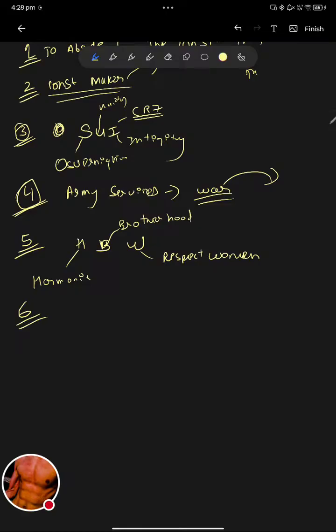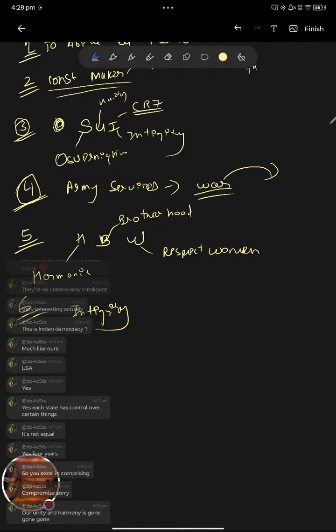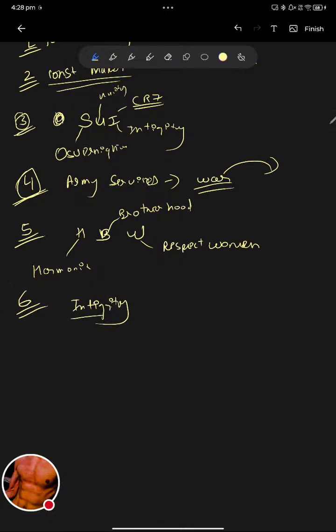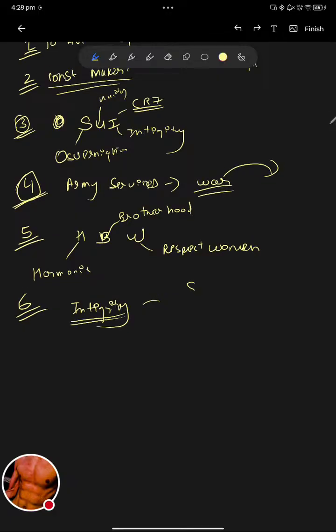Sixth is integrity. Integrity is that you should not disrespect various castes. India has so many castes, and we are secular, and secular is written in our preamble.